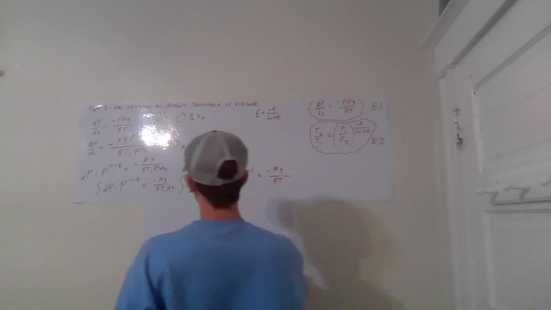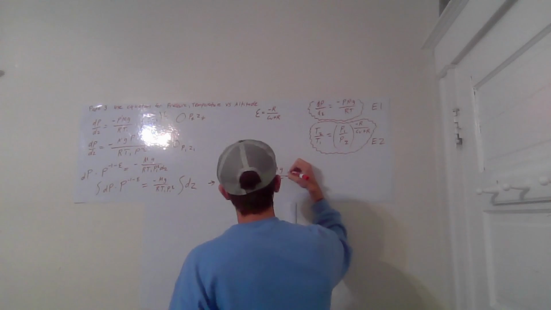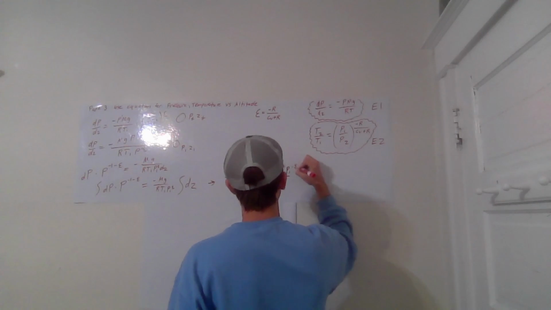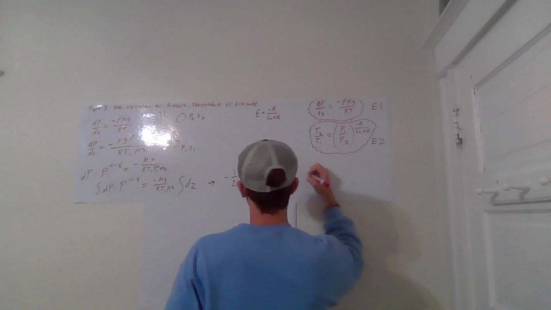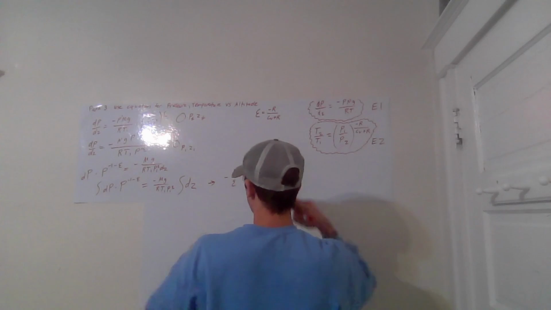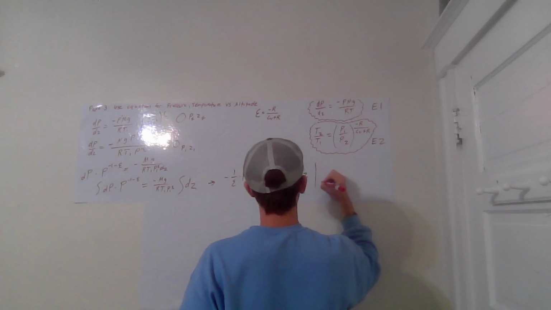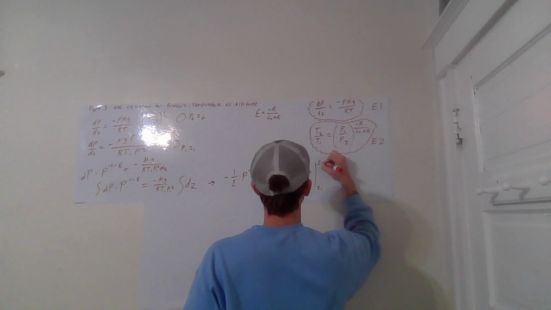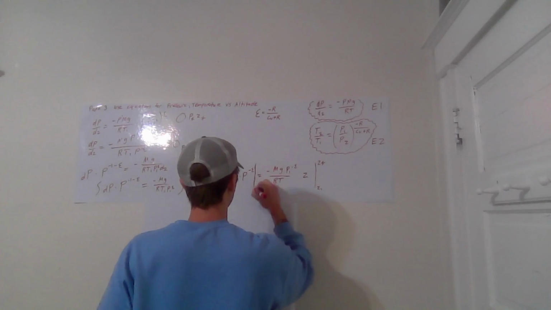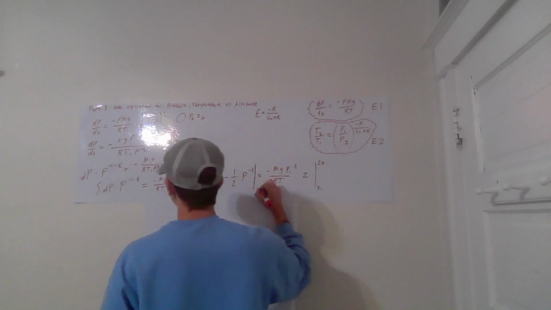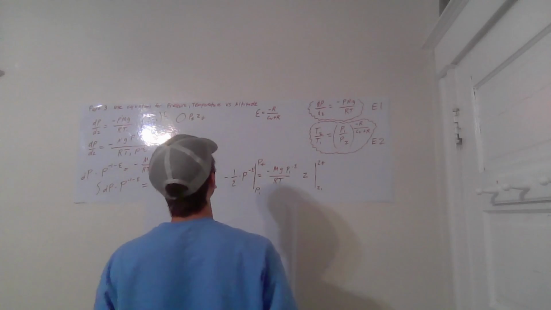And then I want to put this P1 to the epsilon in the numerator to make it a little easier, and say P1 to the negative epsilon. It's going to help us because we already have that here and that here. And the integral of dz is just going to be z evaluated from z1 to zf. And this P is also going to be evaluated from P1 to PF.